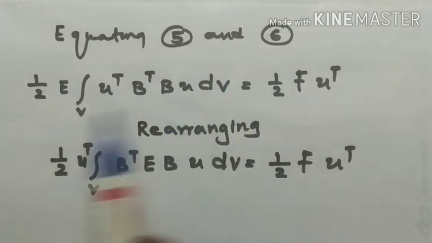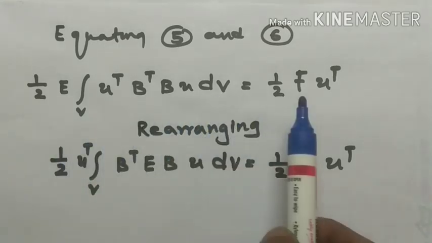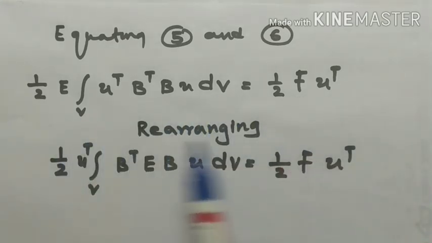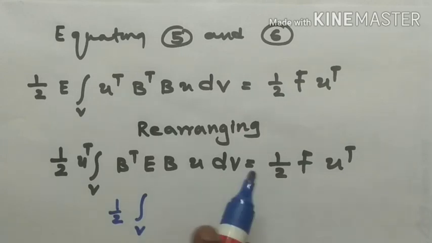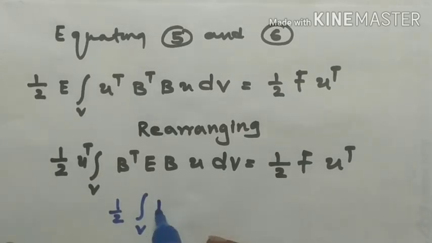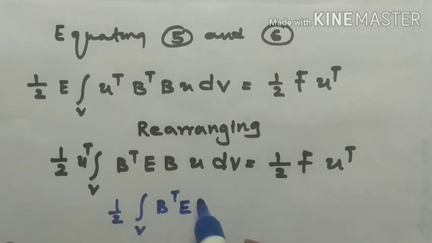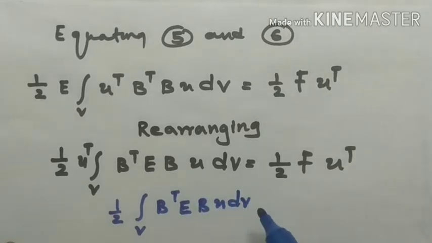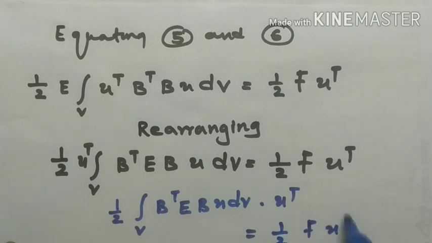Equating equations 5 and 6, this is the expression for strain energy and this is the expression for work done. So rearranging, we get it in this manner. Once you observe this, you see this expression can be rearranged as half into integral V, that is B transpose E B U dV, that into U transpose, which is equal to half F U transpose.